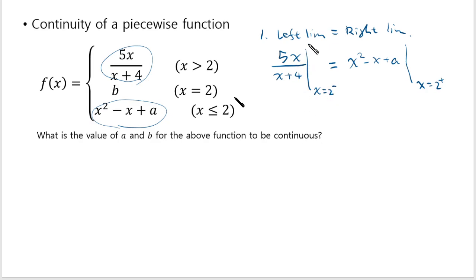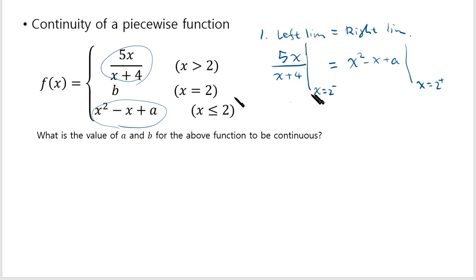I believe this is a new symbol. I've never shown you this before, but this is a very handy notation. You have this function, you're plugging in the value into that function, okay?